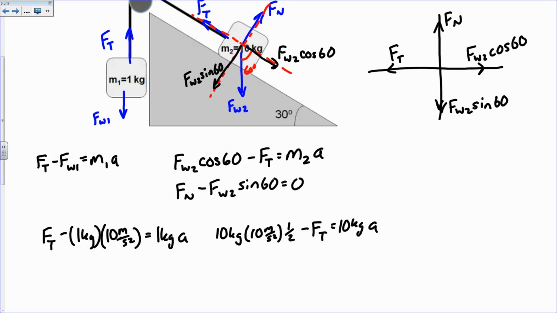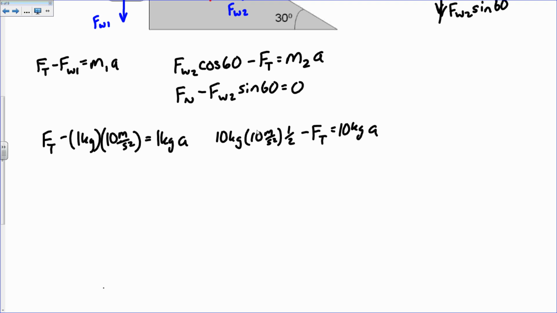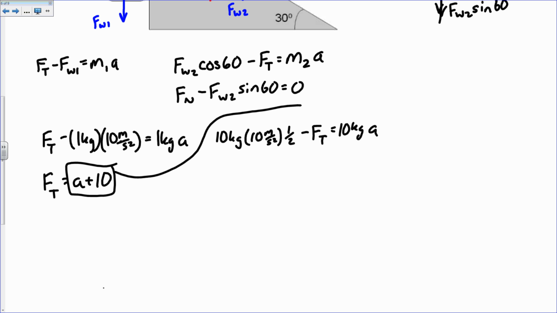I have two equations with two unknowns. I'm just going to substitute one to the other. I'll solve this one. Ft equals A plus 10. And then I'll substitute that in for Ft. And I get 50 minus A plus 10 equals 10A.